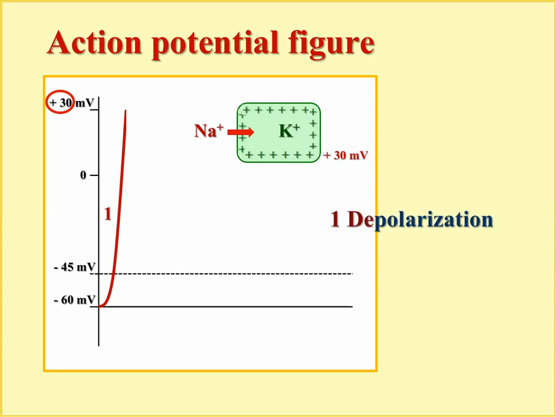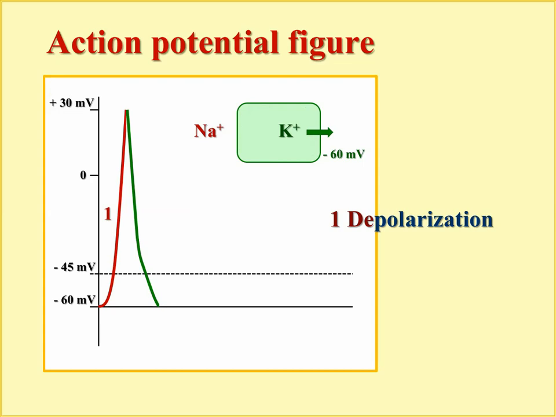Now, by the time sodium channels become inactivated, potassium channels begin opening, and through open potassium channels, potassium goes down its concentration gradient outside of the cell. It quickly brings the charge to the resting state, and it doesn't stop at this moment, as I do for demonstration, but continuously goes out.